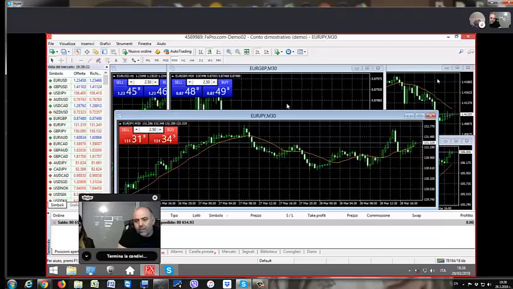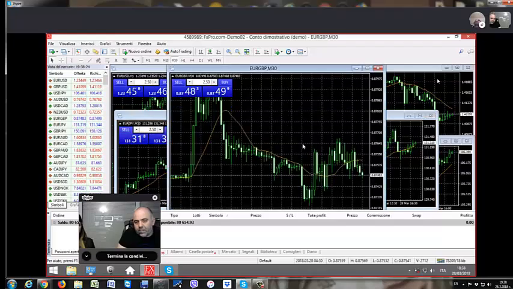The only thing that we know at the time is that euro sterling is still pushing euro dollar down. Meanwhile, euro yen is still supporting euro dollar in this area.